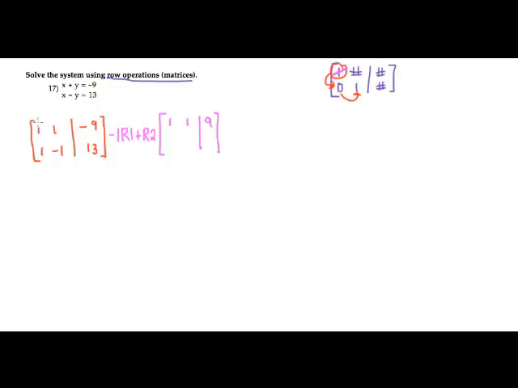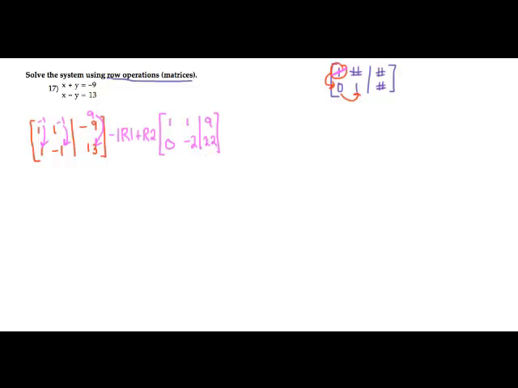So 1 times -1 is -1, and then add it to this one, and that gives us 0, which is what we were going for. 1 times -1 here gives me -1. -1 plus a -1 is -2. -9 times -1 is +9. +9 plus 13 gives us 22.